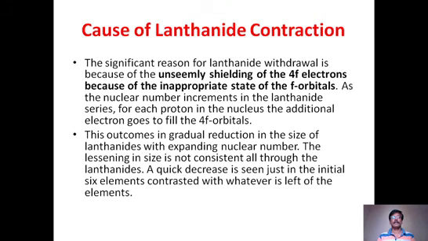This results in a gradual reduction in the size of the lanthanides with increasing atomic number. The decrease in size is not uniform throughout the lanthanides; there is a change in how it is decreasing.